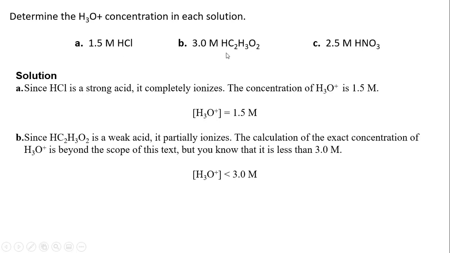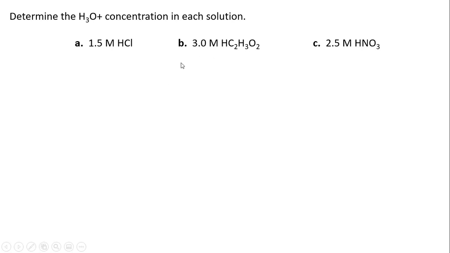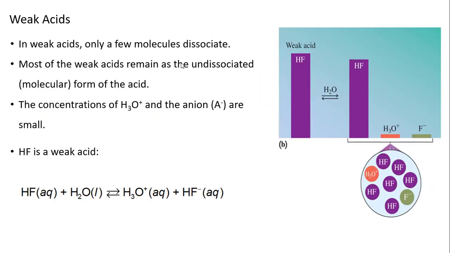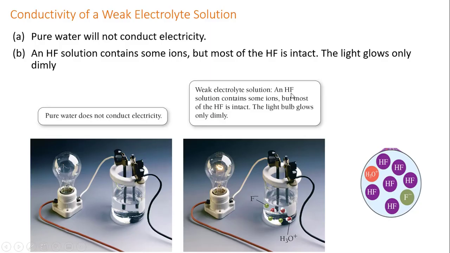Okay, so now we have acetic acid. Acetic acid partially ionizes. The calculation, we don't know what the calculation is, and it's funny, it tells you right here that you're not going to know this because it's beyond what you have to know. But the main point of this is, remember that fancy bar graph that I gave you guys? The concentration of the hydronium ions is never going to match the concentration of whatever this is, because there's not enough.